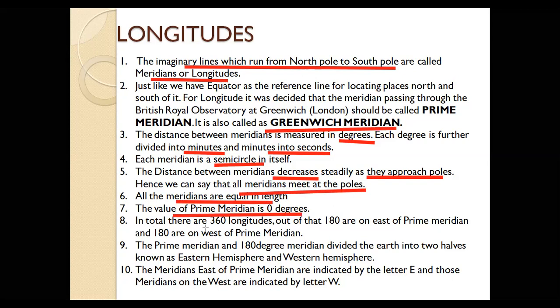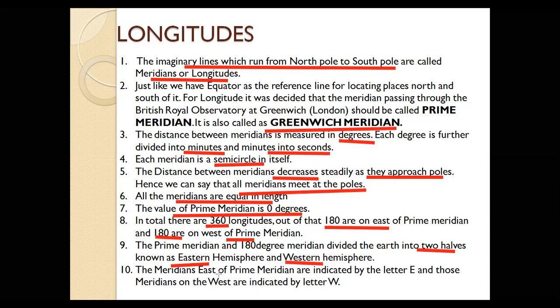In total, there are 360 longitudes, and out of that, 180 are east of the prime meridian and 180 are west of the prime meridian. The prime meridian and the 180 degree meridian divide the earth into two equal halves, that is the eastern hemisphere and the western hemisphere.